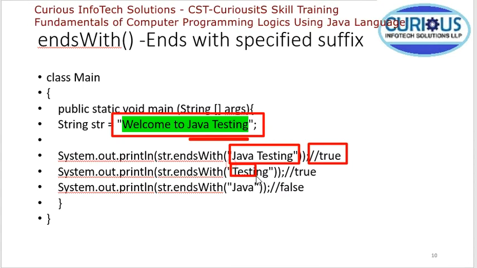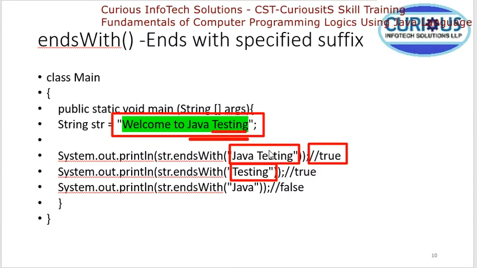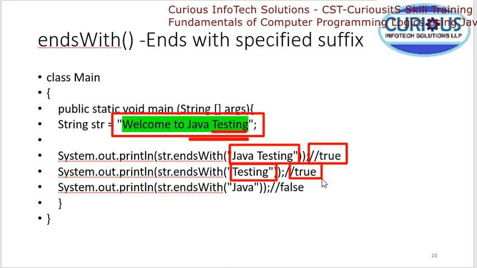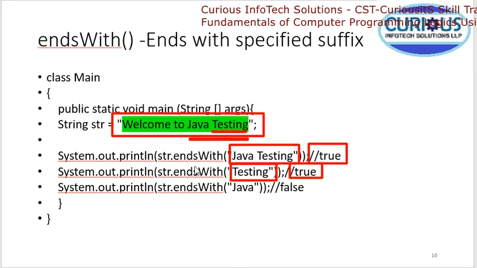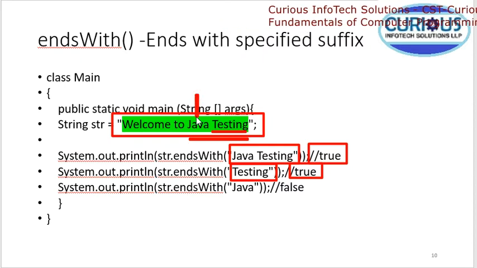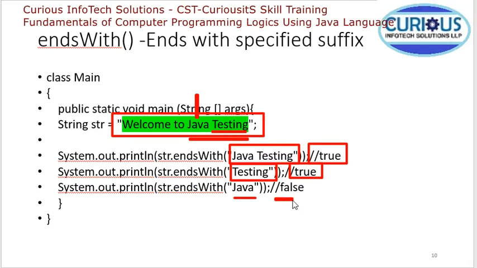Now testing से भी end कर रहे हैं, तो you have another output. Yes, I am ending this string with this one. I should get output as true. Now we are also answering whether you are ending with this Java. No, we are not ending with this Java because testing is ending. So if Java ending, the answer is false.